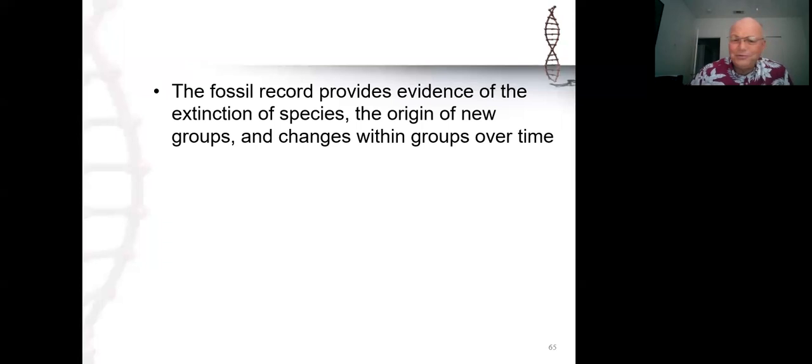And of course, we don't have fossil records of all the organisms that have ever lived. We have a very small representative sample of what has lived, but it's enough that we can tell the story of life in some detail. And again, we'll talk more about this when we get to the chapter on the history of life.